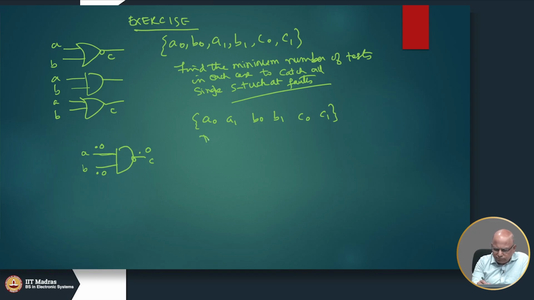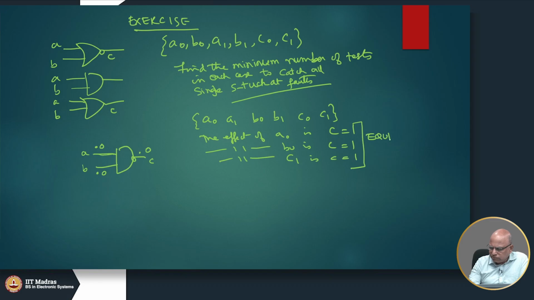The effect of A stuck at 0 is that C becomes 1. You will realize that the effect of B0 is also the same, and the effect of C1 is also the same. So, in a way these are all equivalent, we cannot distinguish between them.